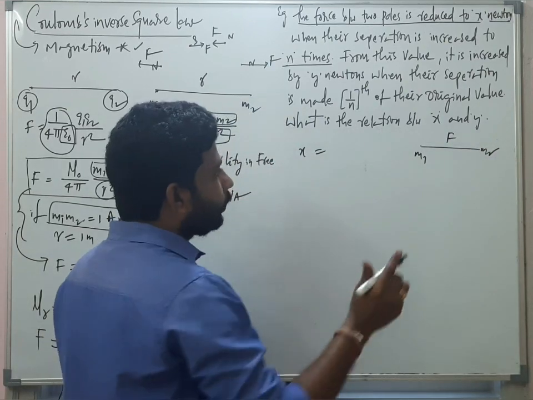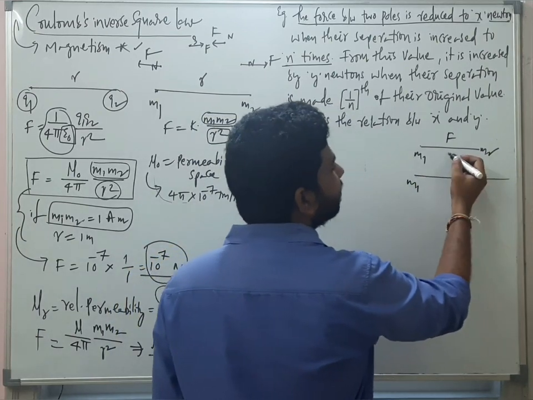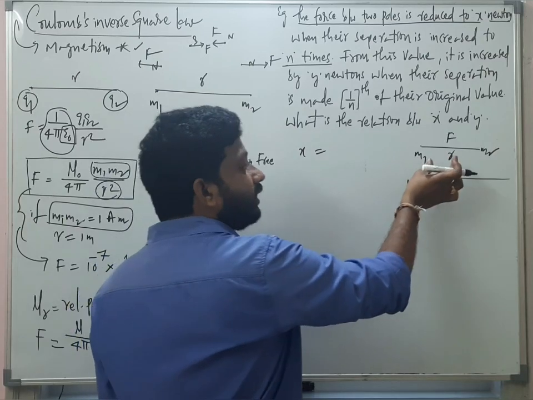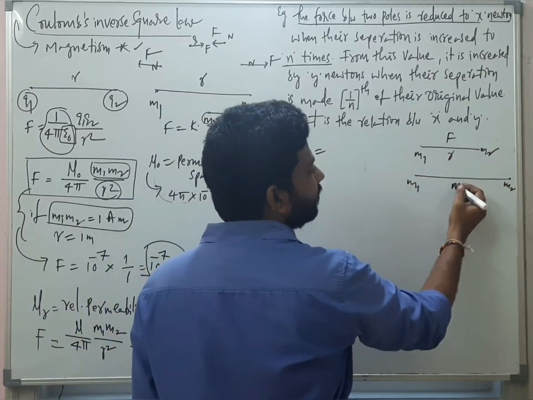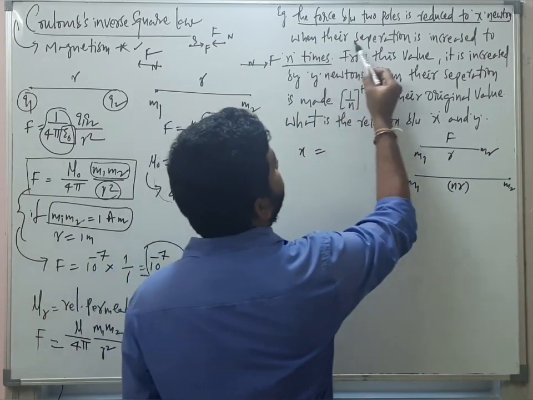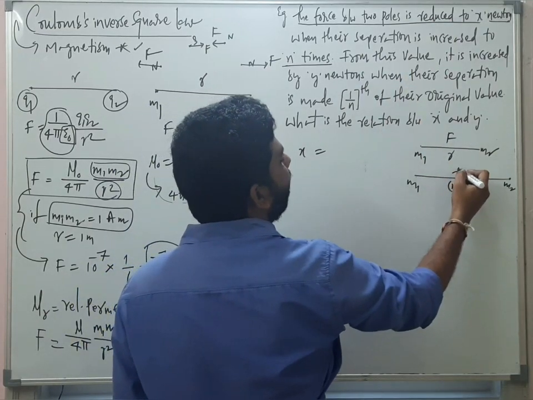Now, when this separation is increased from the initial distance, imagine it's R, to n times, that means n into R is the distance between these two. Now see, when the separation is increased to n times, the force is reduced to x.